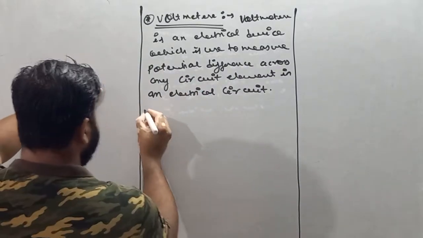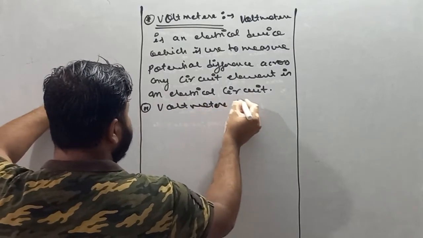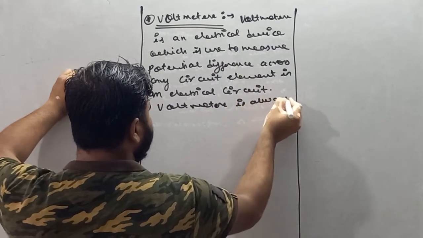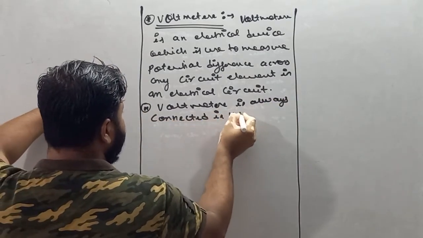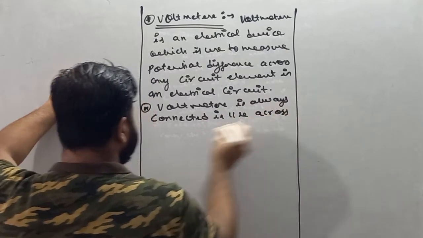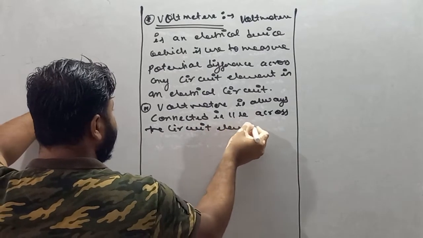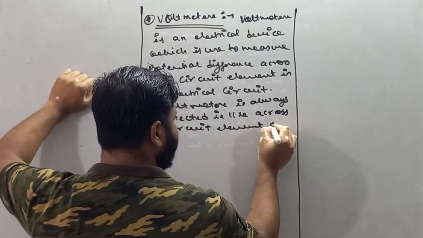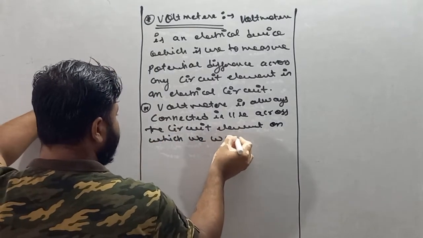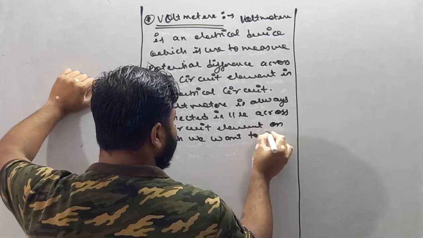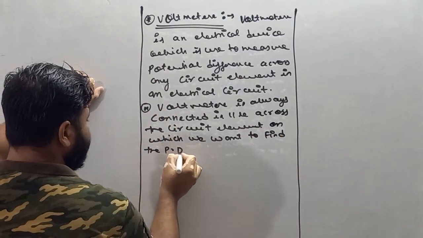So write the second point: a voltmeter is always connected in parallel across the circuit element on which we want to find the potential difference.